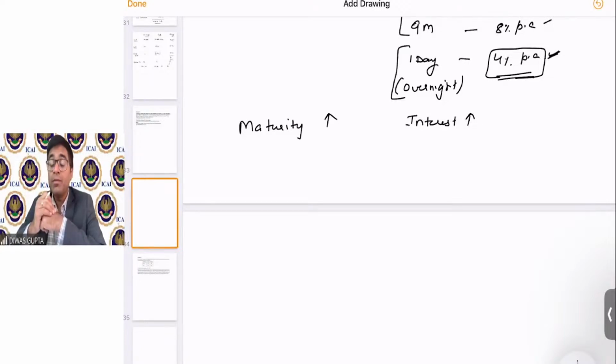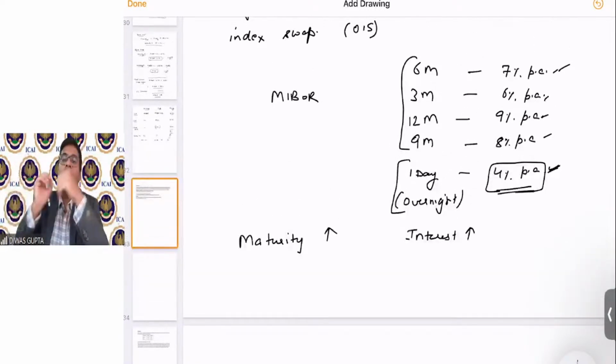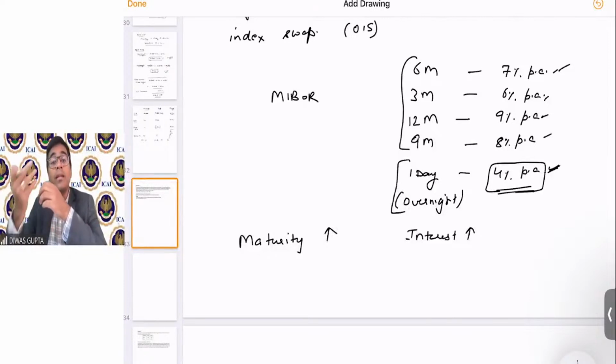Now, what I'm trying to say is, higher the maturity, higher the risk. If you tell me that you want to borrow for 12 months compared to one day, it might be possible that after 6 months down the line you suffer big operational losses and hence you are not able to repay me. So I will not give you for 12 months at the rate I will give you for one day. Okay, make sense?